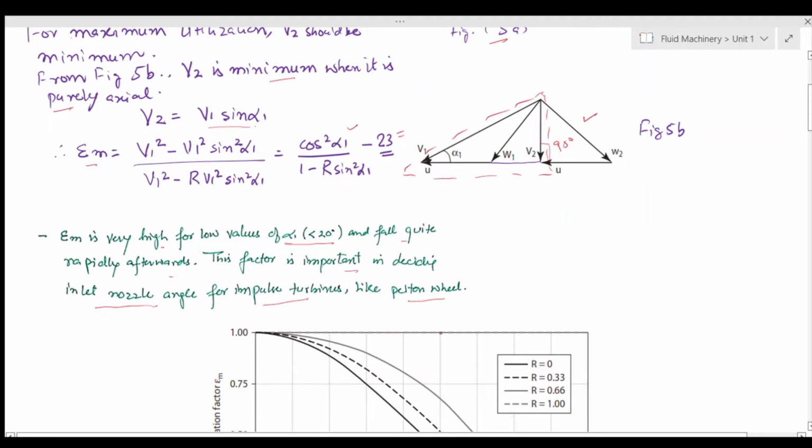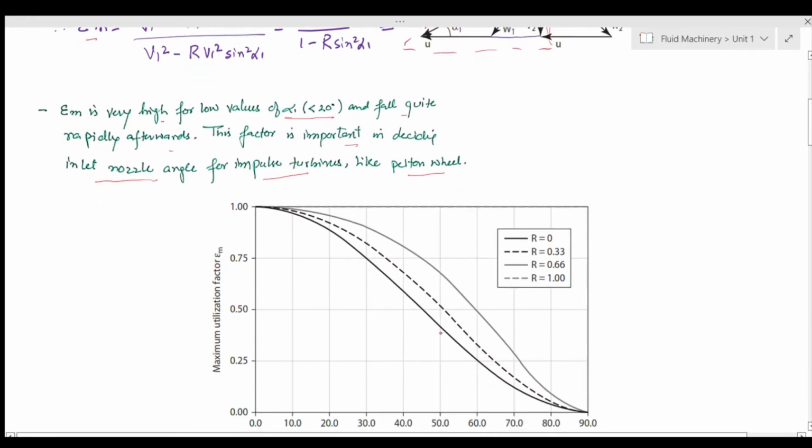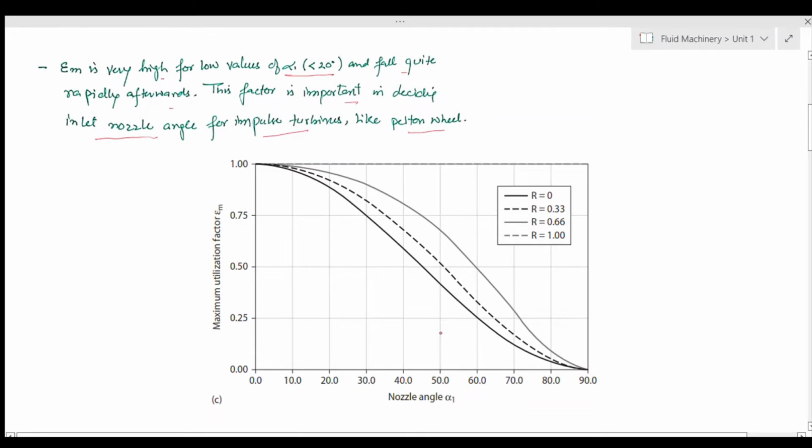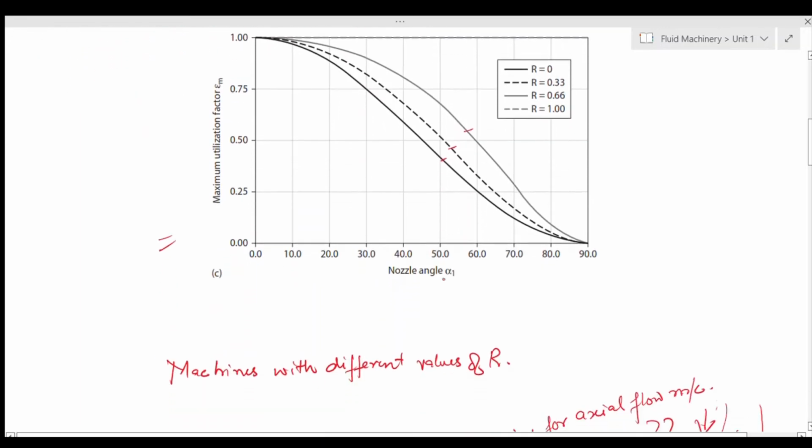अगर इक्वेशन 23 को हम ड्रॉ करते हैं, ग्राफिकली उसको देखते हैं, then this would be something like this. यहाँ पे ये तीन कर्व दिए गए हैं for R equal to 0, R equal to 0.66, R equal to 1. So this is maximum utilization factor with respect to alpha 1, nozzle angle alpha 1.